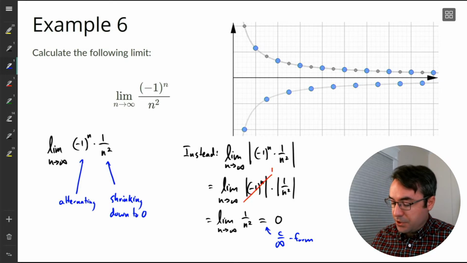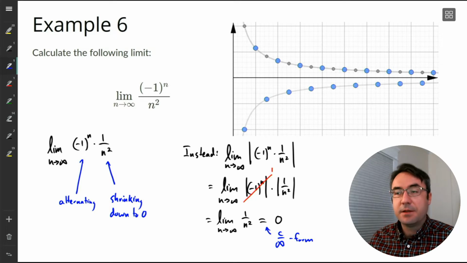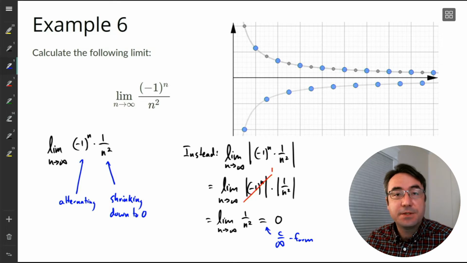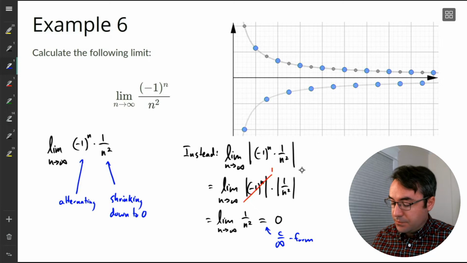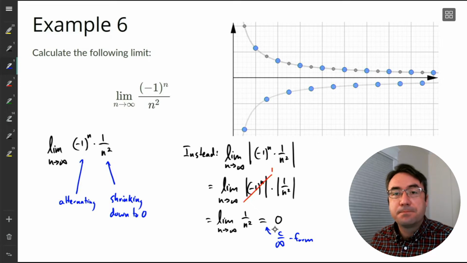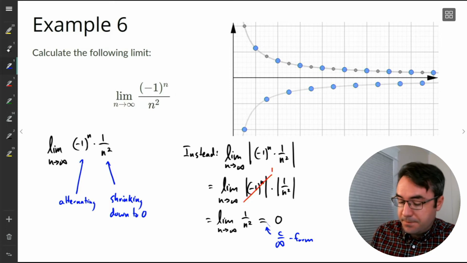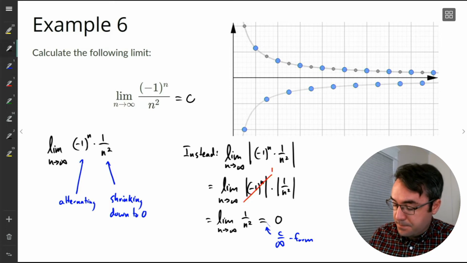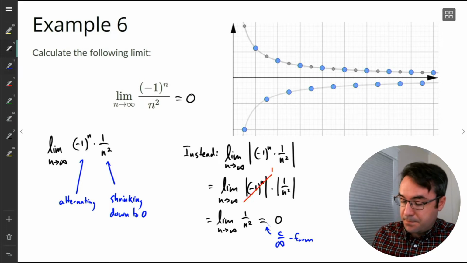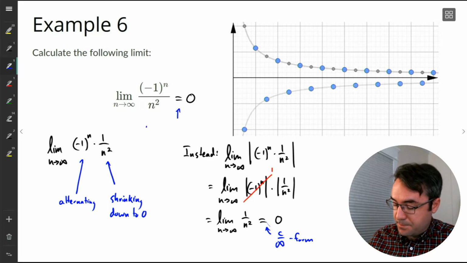And what we've just shown is that the limit of the absolute value sequence, absolute value an, goes to 0. So we can conclude that our original sequence must also go to 0, by that previous theorem.